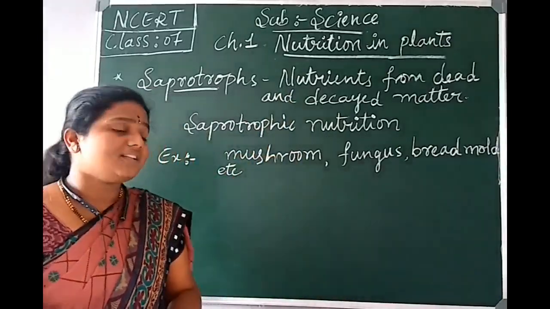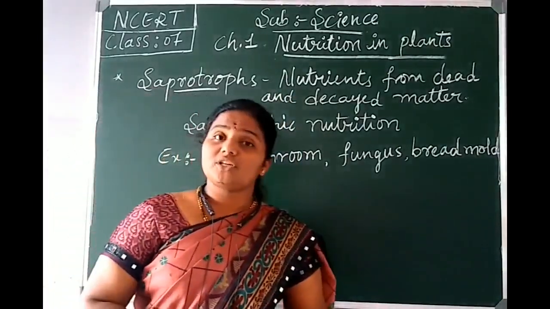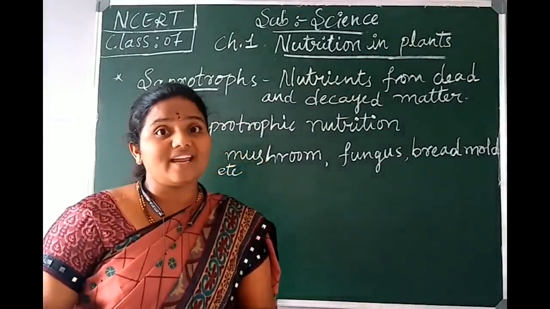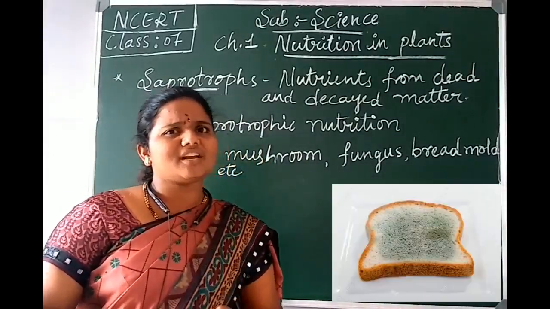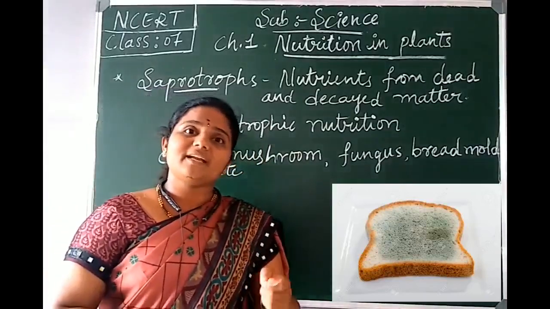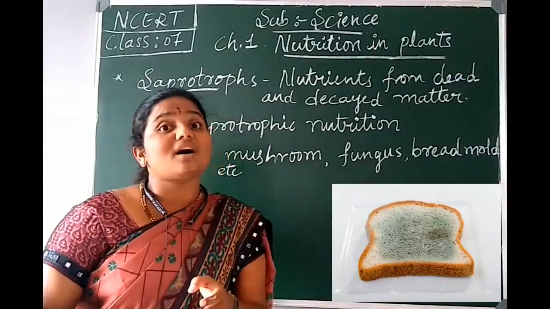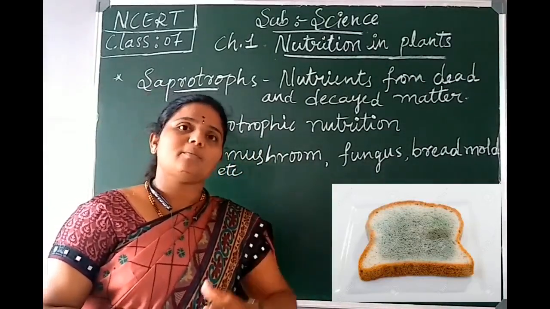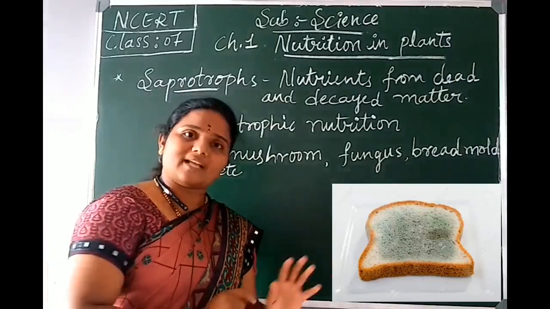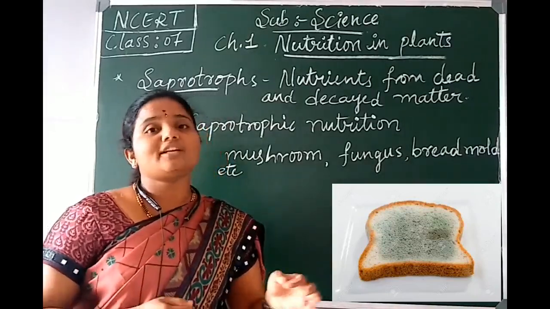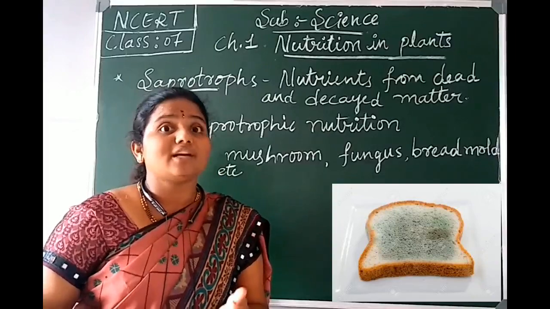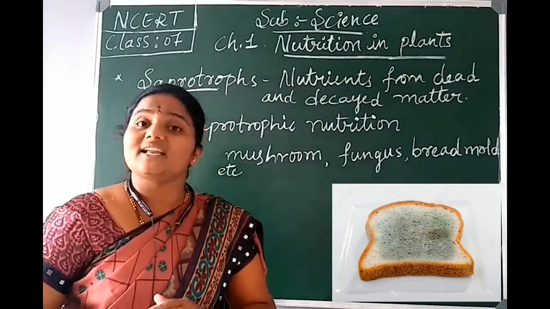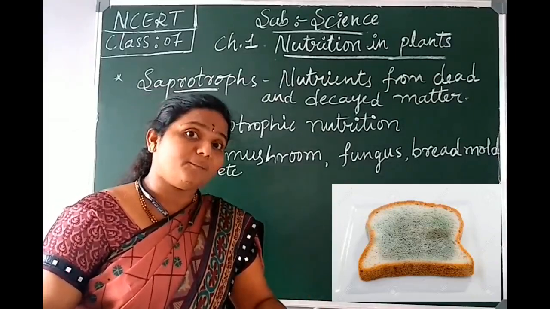Understand, children? Then similarly, one more. Have you heard about fungi? Have you seen, children, black colored patches on bread? If freshly bought bread is kept in a plastic cover without opening for 3 to 4 days, what happens? How does it look when we see it 3 days later?